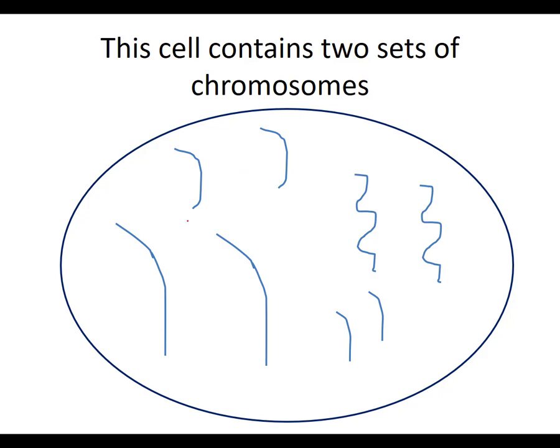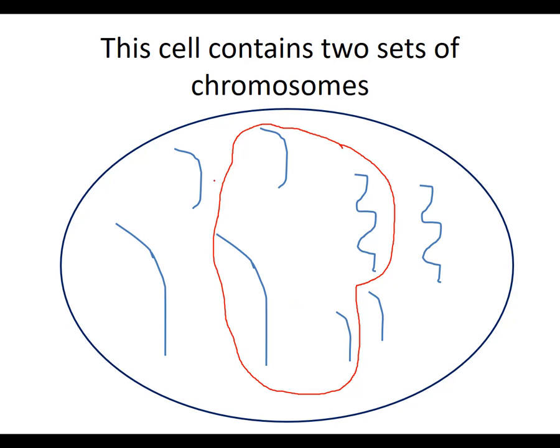So there's 2 of each type, and a set is 1 of each type. So if I'm going to circle 1 set, the easiest way to do that would be to circle that. So that would represent a set. 1 large, 1 medium, 1 curly, and 1 short and straight, I guess.